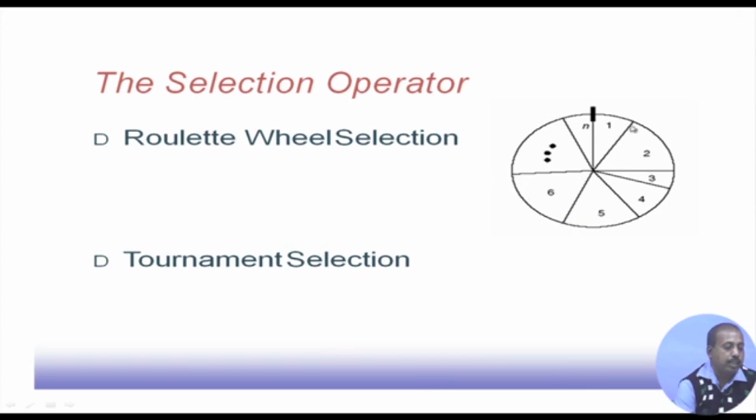Similarly, 2 is the next one, so it is given the next region. That way they are given individual regions of the wheel. If the wheel is rotated, the possibility of selecting 6 is the highest, followed by selection of 2, then 5, and so on.